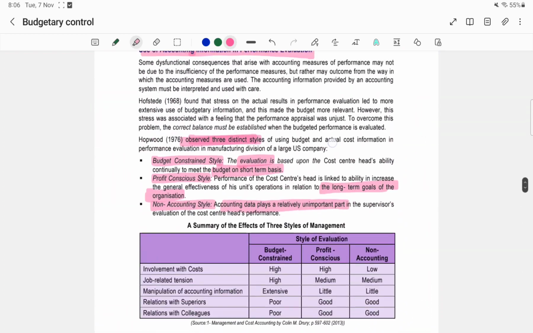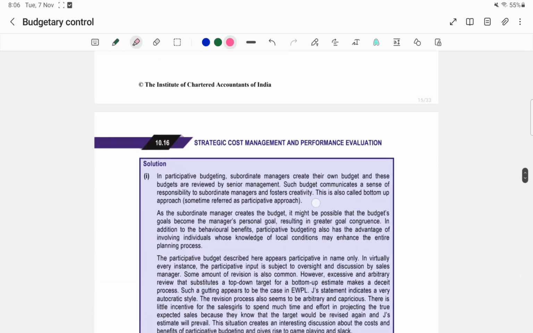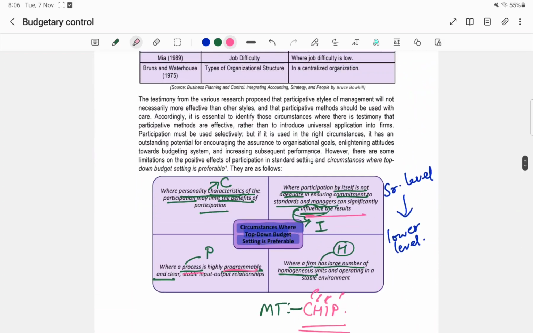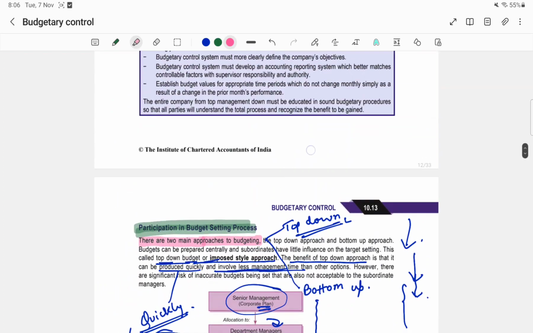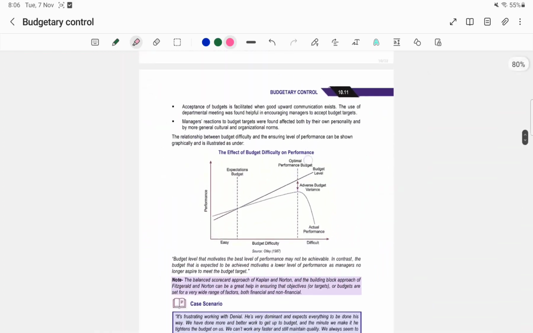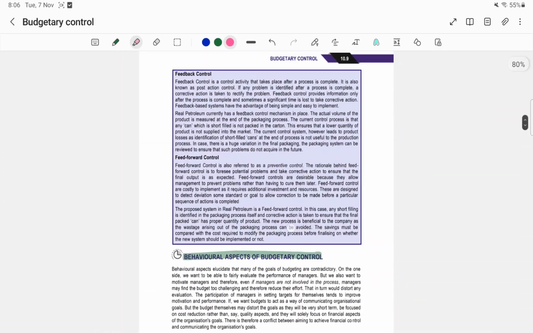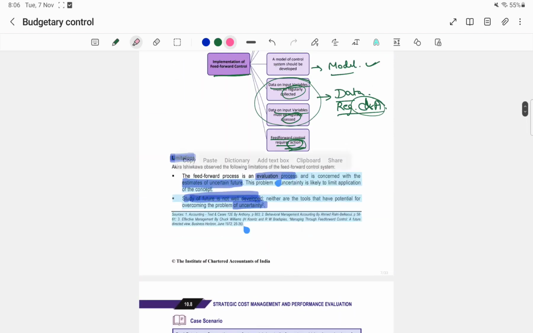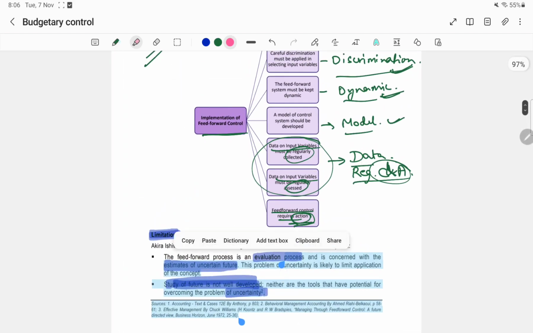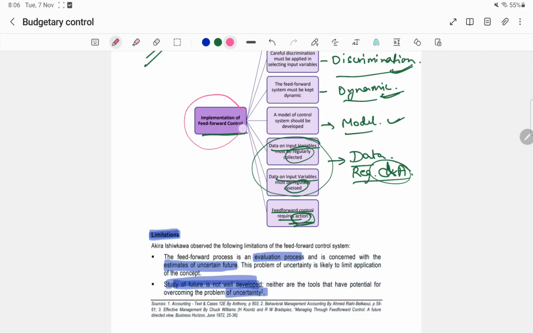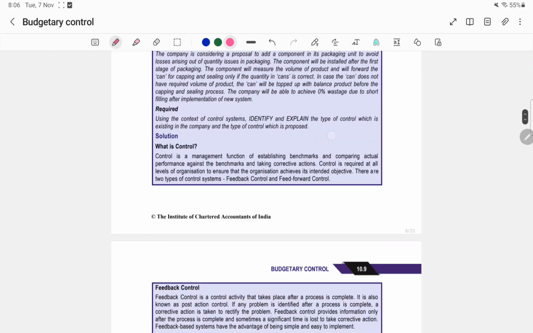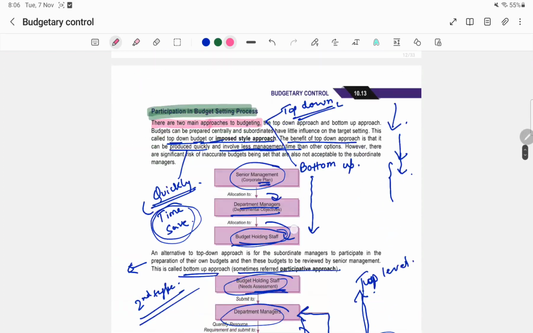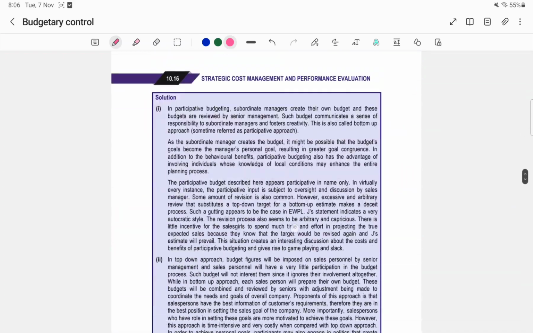When I'm scrolling up, you can recall we studied implementation of what? See, implementation of feed forward control. This way you can try to recall using the points.